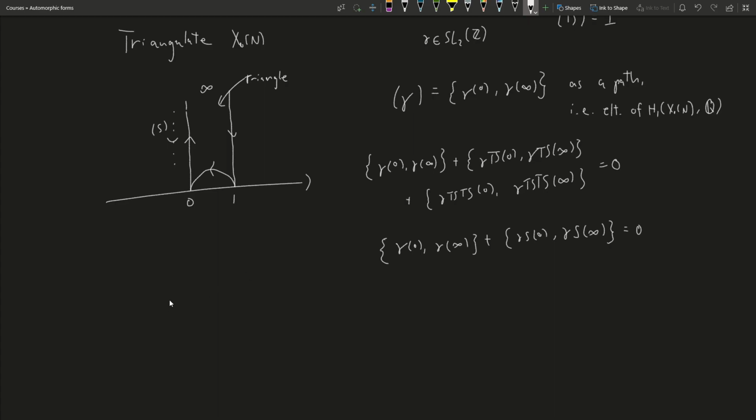So we also have to list the triangles we need to consider. What triangles should we consider?